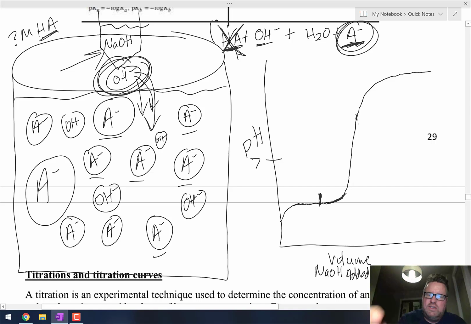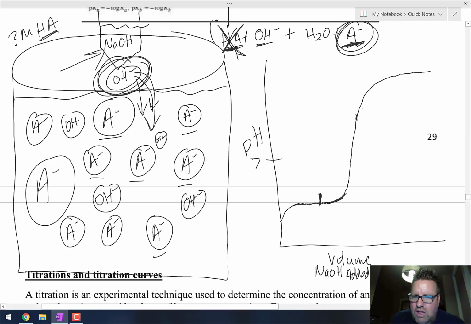And the difference between here and here might be like 1 drop of NaOH. That's it. Or maybe 2 or 3. Very, very little of the base is needed to get from way, way, way below a pH of 7 to way, way above a pH of 7.